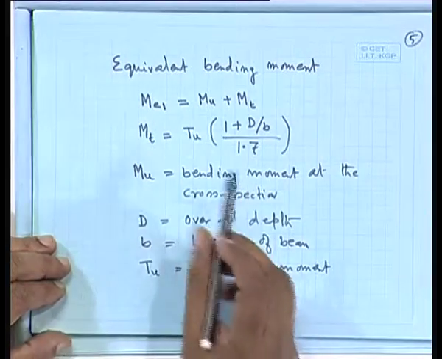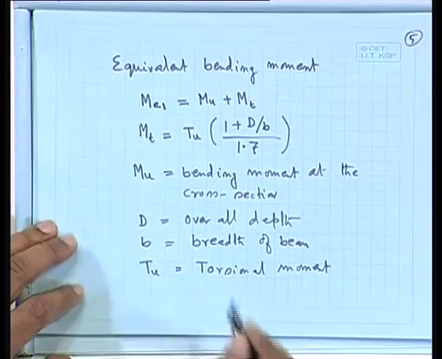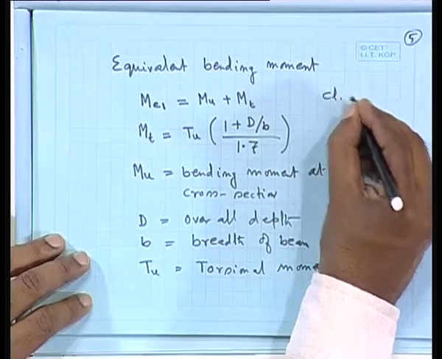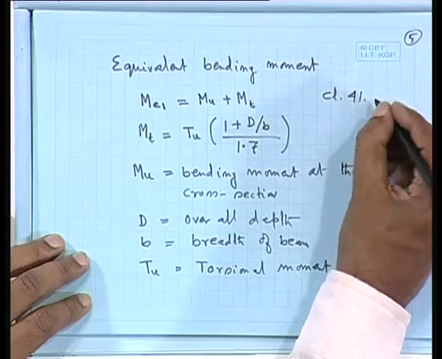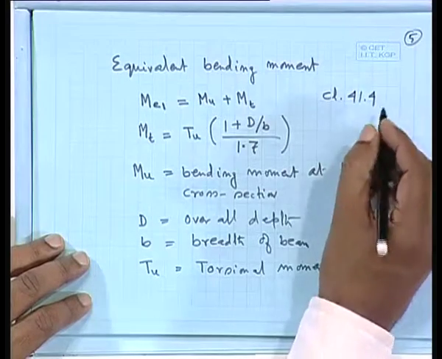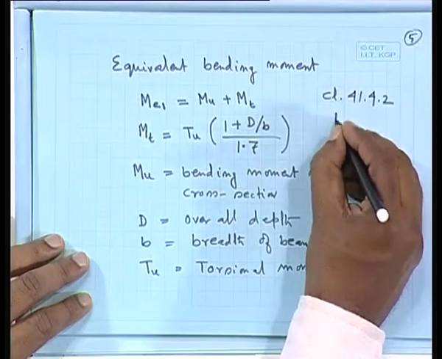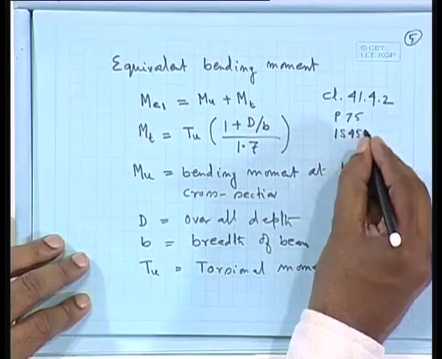Now, ME1 equal to MU plus MT, and this is available in clause 41.4, to be more specific 41.4.2, page 75, IS 456 2000.